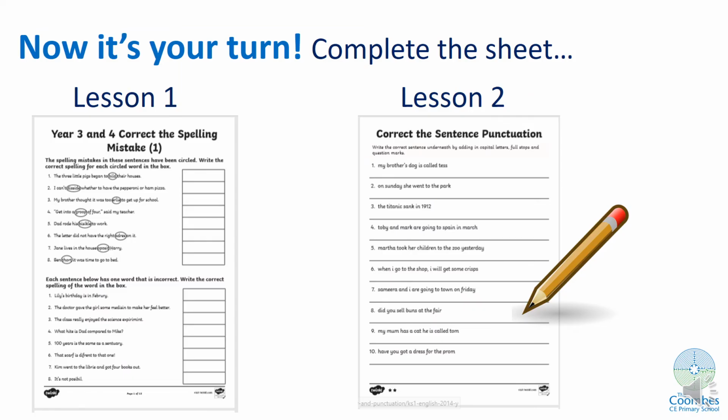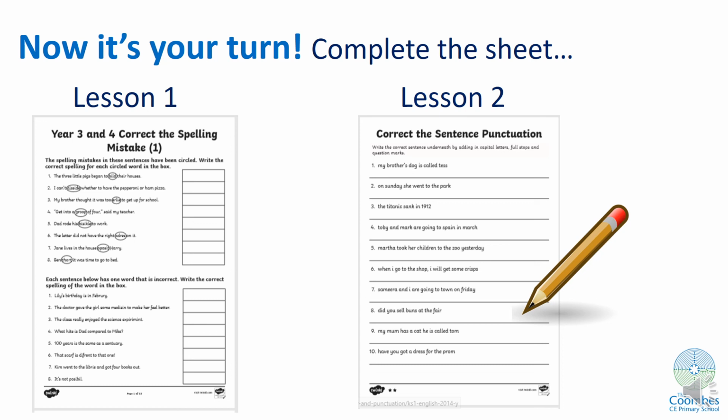Now I'm going to talk you through the work that you're going to do today and tomorrow. Today you have a sheet where you are going to practice correcting the spelling mistakes. When you do this sheet, think carefully about the spelling patterns and rules that you know, and if you're really stuck, here is the time to use a dictionary.